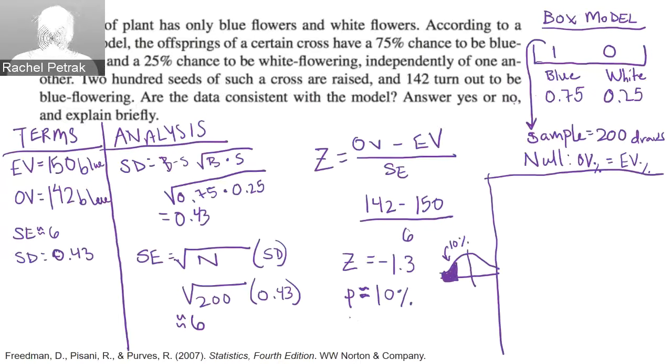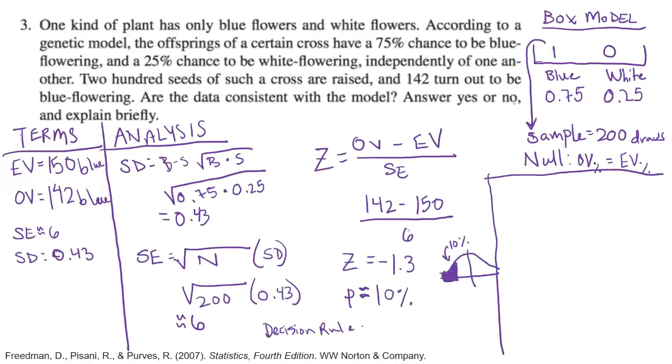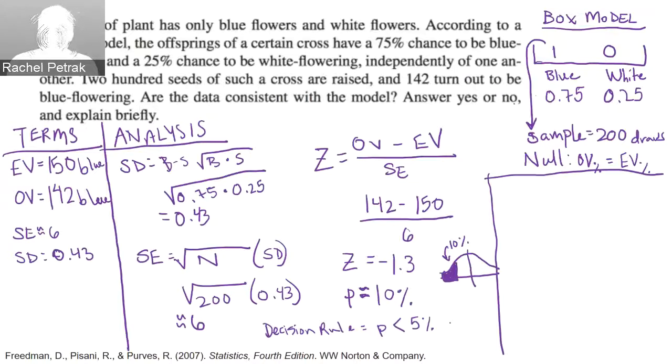Remember our decision rule: when p is less than 5%, it's significant. So in this case, we end up retaining the null. These data are consistent with the model.